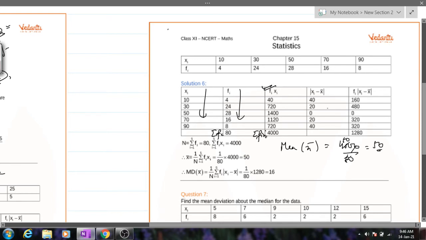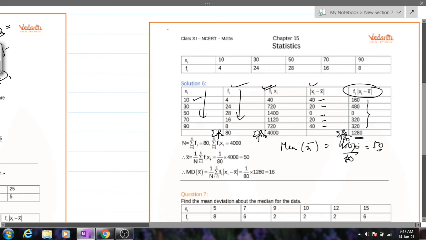Okay, once you get the answer of 50, you will calculate the individual deviations. |10 minus 50| will give you 40, 20, 0, 20, 40 respectively, and then go on to calculate fi into this. Once you have multiplied all of these, you'll have to calculate the summation of fi into |xi minus x bar|.